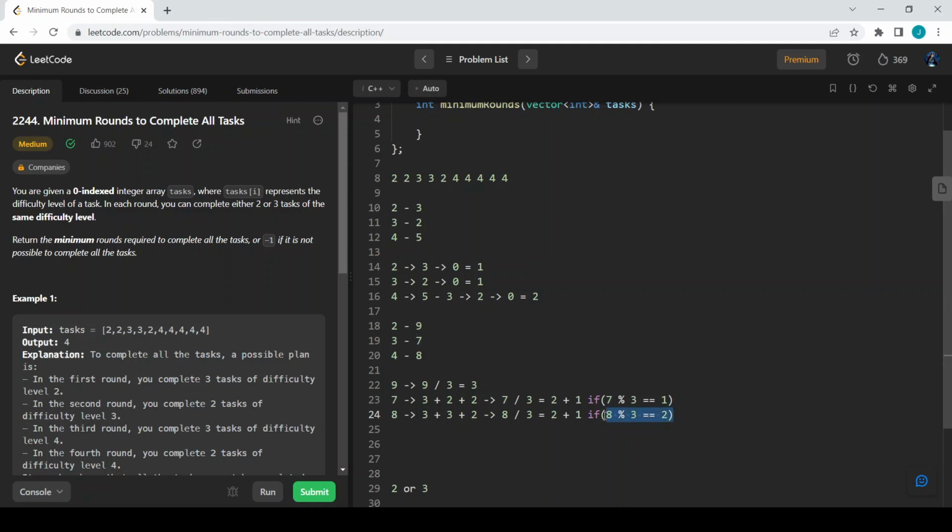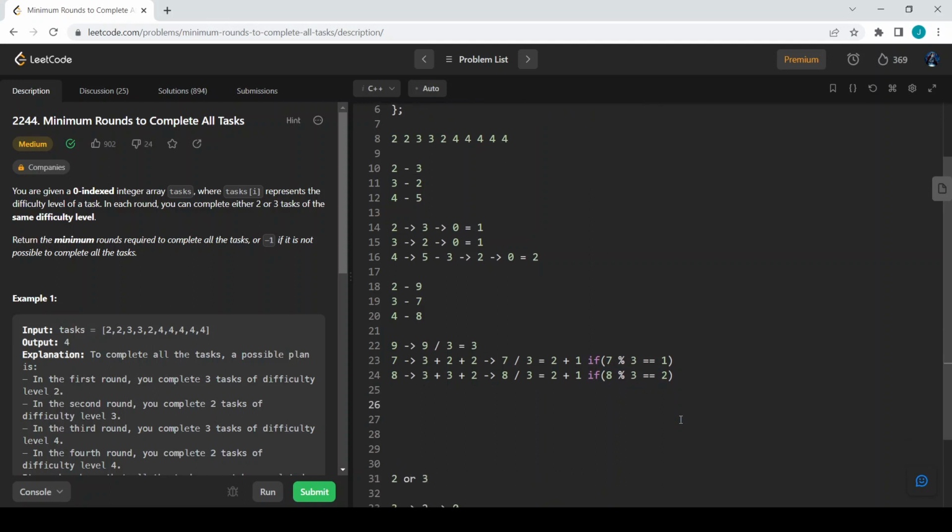So we have a generalized formula. We can calculate the total frequency, and we accumulate in my answer: answer plus equals frequency divided by 3. Then we take the mod value, frequency mod 3.